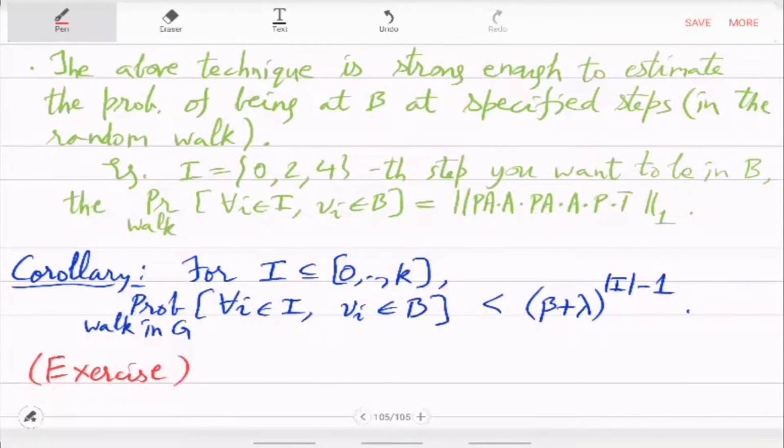And hence, this now you can use. This is a very strong result. You can now use it to estimate the chance that more than half of the vertices in the random walk are bad. So let's complete the application.